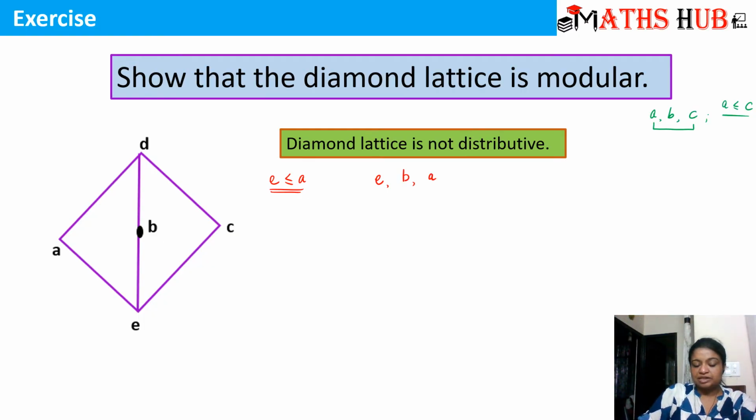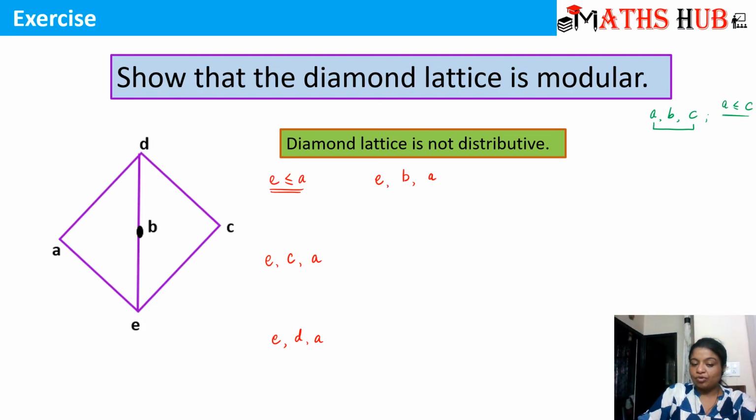Then you can choose the next pair as E, C, A. Then you can choose the next pair as E, D and A, right? So we have these three pairs with me, right? Because I have inserted B, I have inserted C in between, and I have inserted D. In all the three cases, you can see that the first element is less than the third element, right?